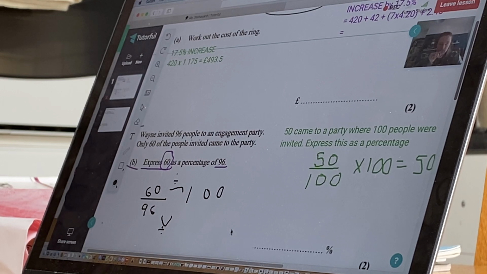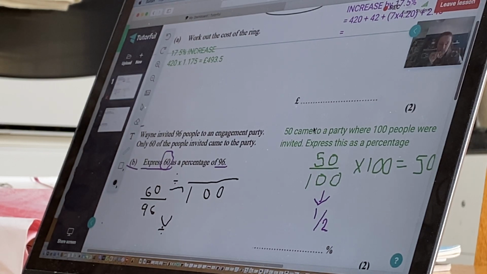So we can't turn this bottom into over 100, can we? Well, we could, but we'd have to do it in 2 steps. So I think what might be easier is to see if we can simplify this fraction down. If we divide 100 by 96, it becomes 1.04, divided by 60.